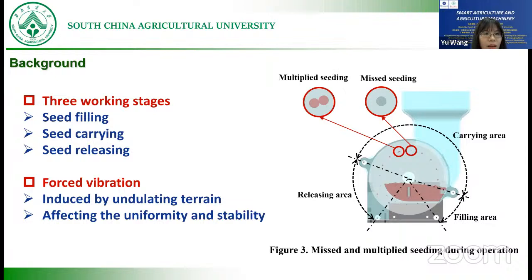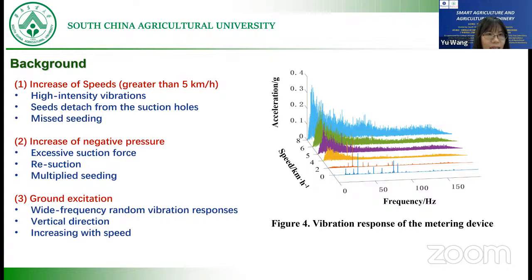We also found that when the seeding machine is working in the field, the forced vibration caused by the undulating terrain affects the uniformity and stability of the seeding. So we have conducted some pre-study investigation of how the forced vibration is caused. We tried to increase the speed of the seeder.